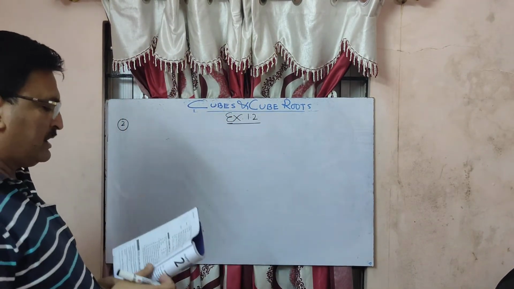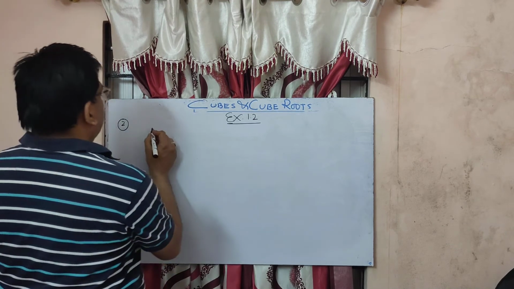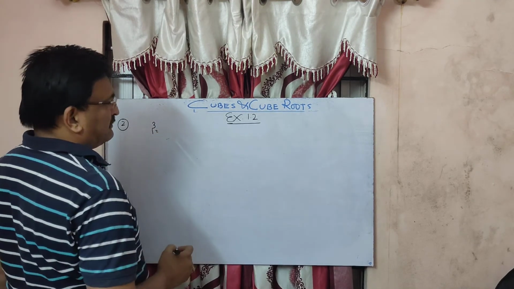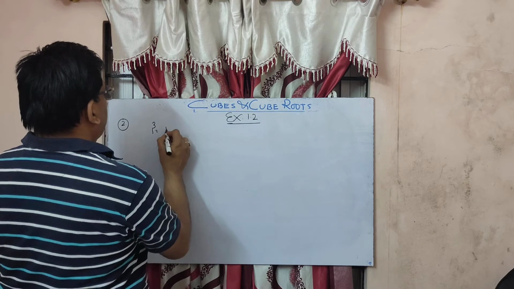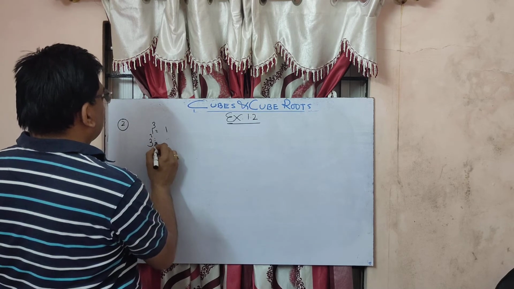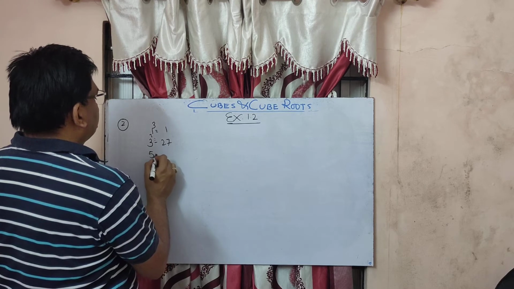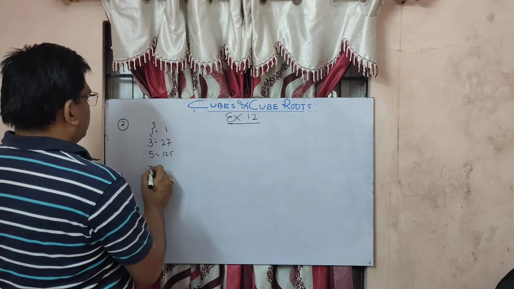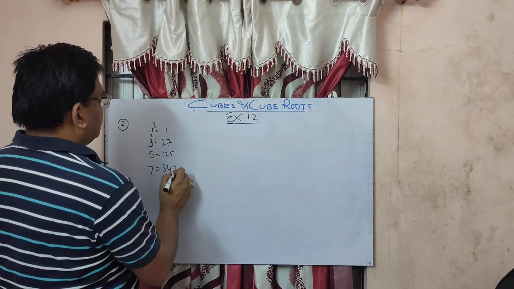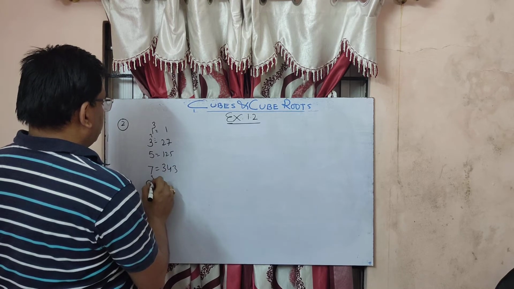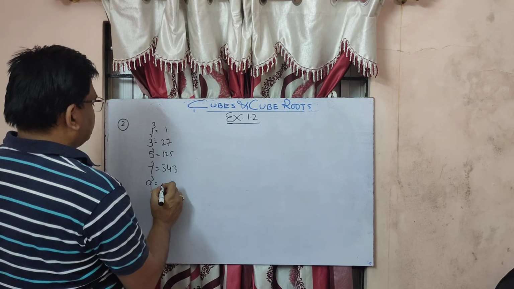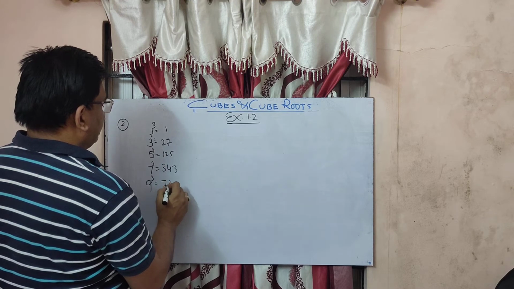Cube of any odd number. For example, what is the cube of 1? If 3 cube is there, what is the cube of this? 27. What is the cube of 5? 125. Cube of 7, 343. Cube of 9 is 729.